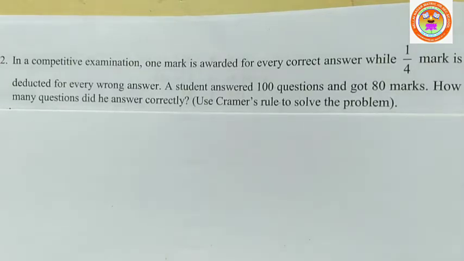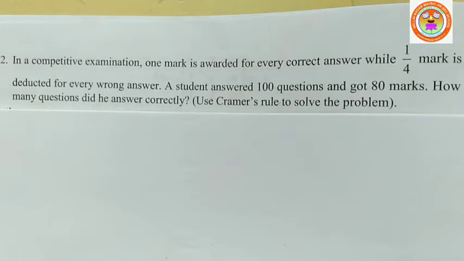So, there are 100 questions. He answered all the questions, but he scored only 80 marks. That means that the 80 marks includes the right answers plus the wrong answers, right? We don't know exactly how many questions he answered correctly and how many he answered wrongly. So our aim is to find the number of questions he answered correctly.